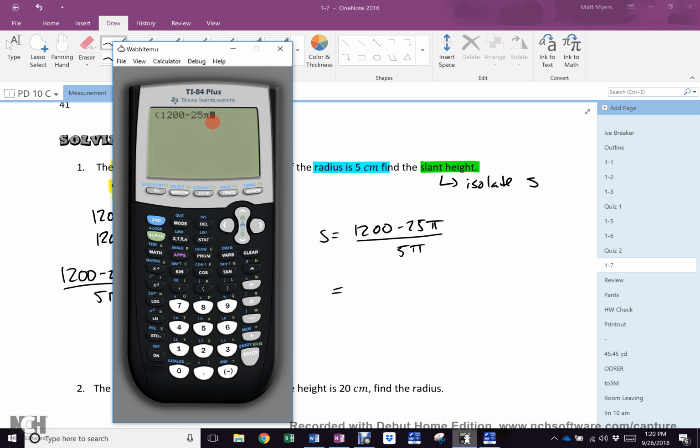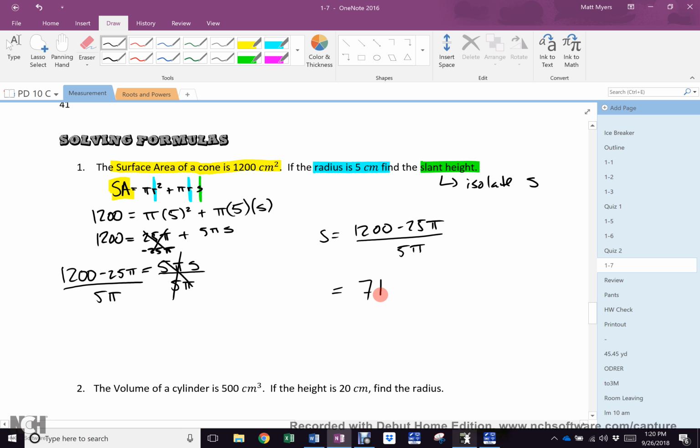Some of you need to hit times pi. Close brackets. Divided by new bracket, 5 pi. Close brackets equals 71.4. Now, of course, I know what I'm doing with my calculator, so I didn't estimate, but you may have wanted to.